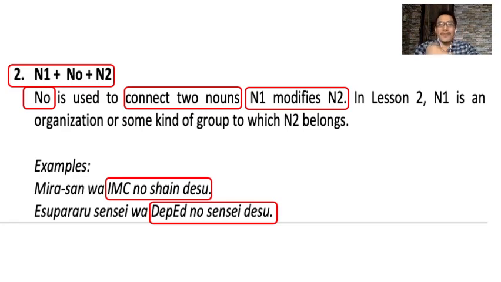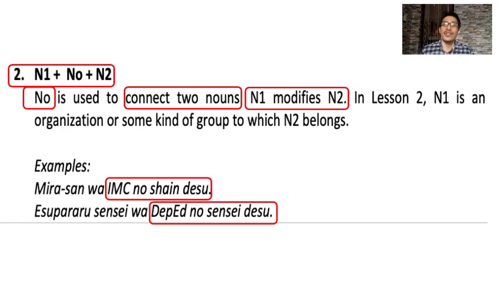Okay, so for example, me, this is the second example, is Superado sensei wa DepEd no sensei desu. So I am a DepEd teacher, for example. DepEd is the organization. That's noun 1, the organization, and noun 2 is the noun that noun 1 modifies.